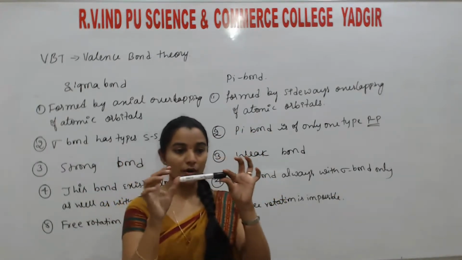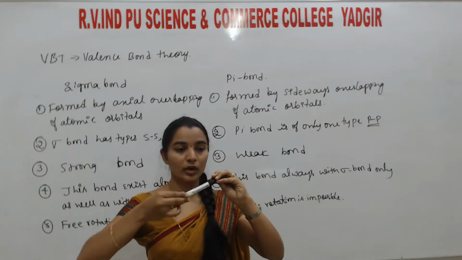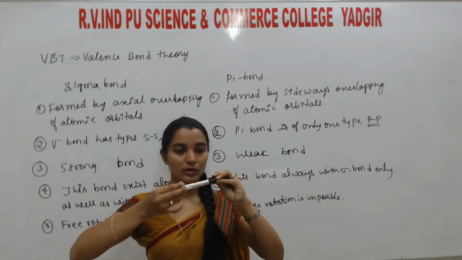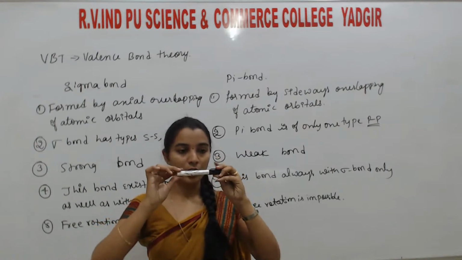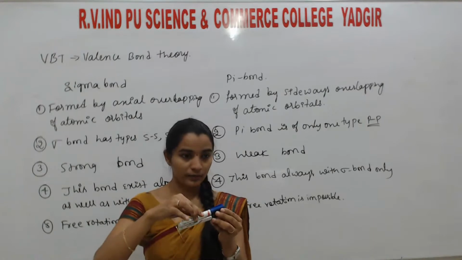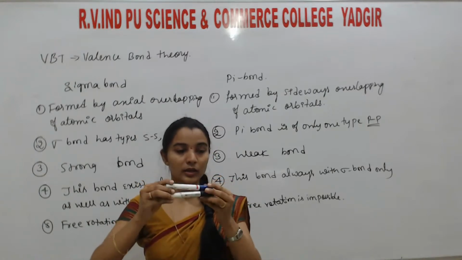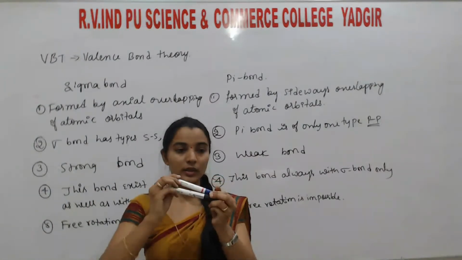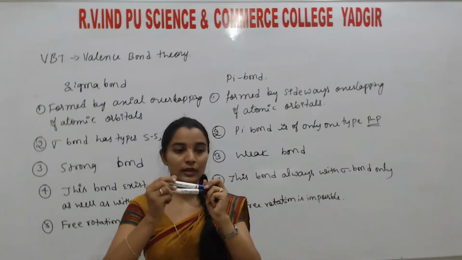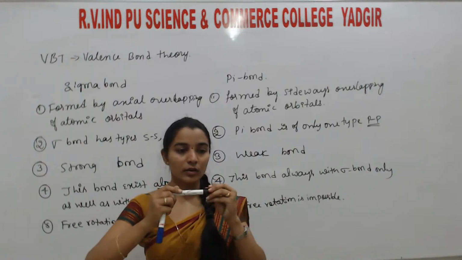If this is the bond, a single bond, and these are the atoms, we can easily rotate. Are you getting? We can easily rotate along this single bond. If another bond is there, two bonds, with atoms here, it gets twisted like this. It cannot be rotated freely. But in the single bond, of course, it is easily rotated.